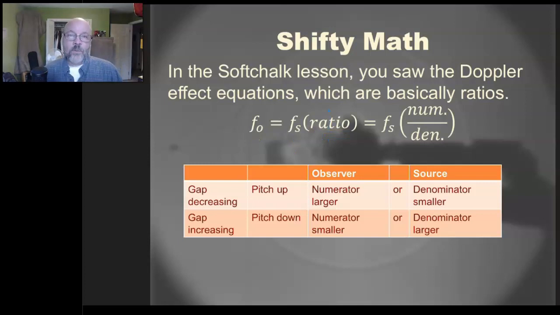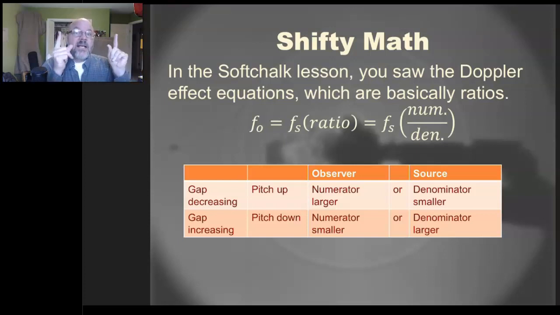And we know from experience that if the gap between the observer and the source is trying to increase for whatever reason, we know the pitch has to go down.